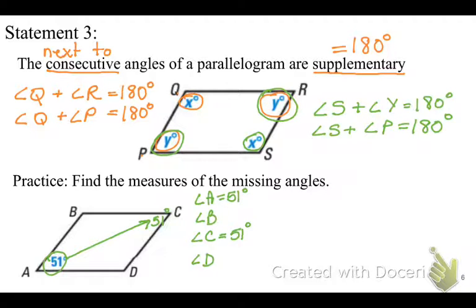Okay, so let's look at angle B, and I'll change colors there. So angle A and angle B are consecutive. They're next to each other.